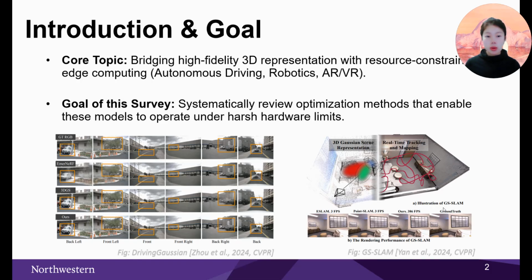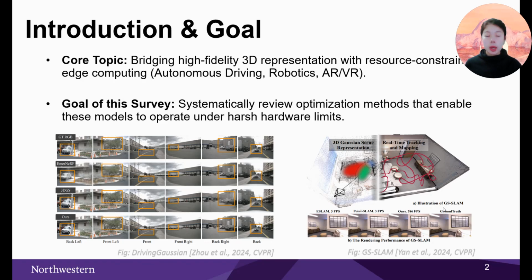So overall, the progress in this field has been incredibly impressive. However, this leads to an important practical question. How do we actually bring these high-fidelity 3D scene representations out of the research lab and into real-world systems?